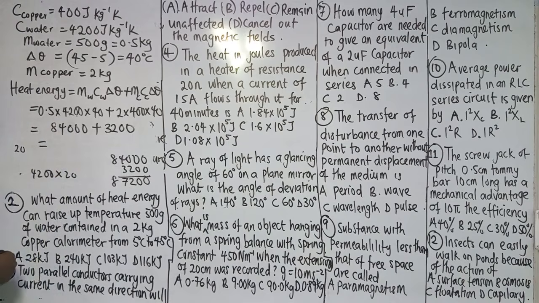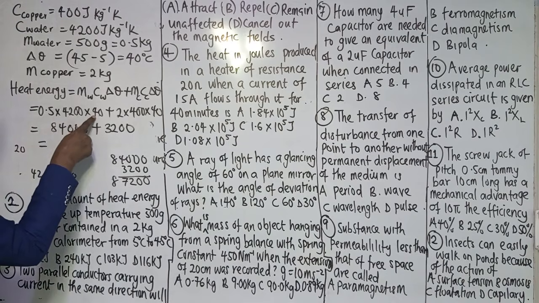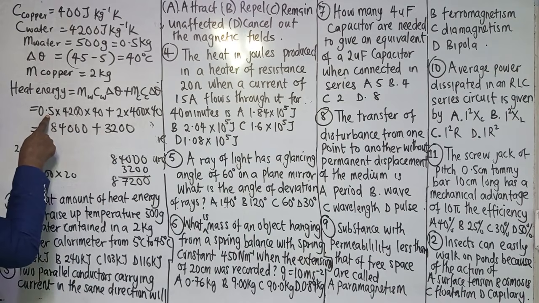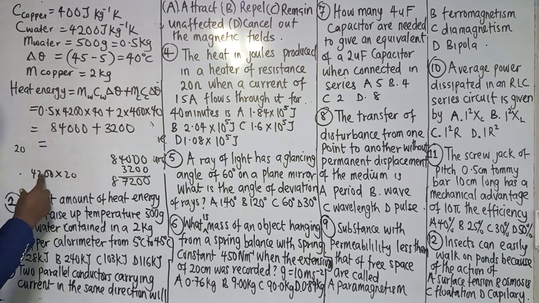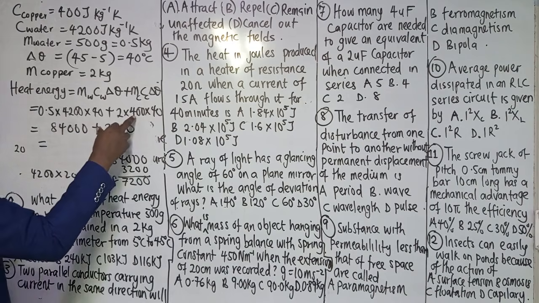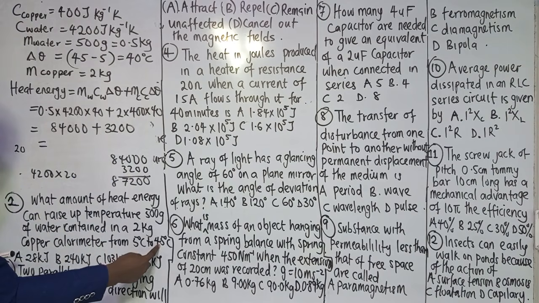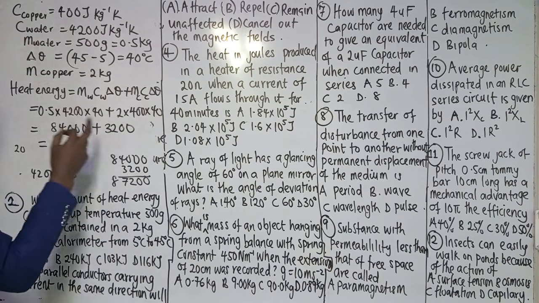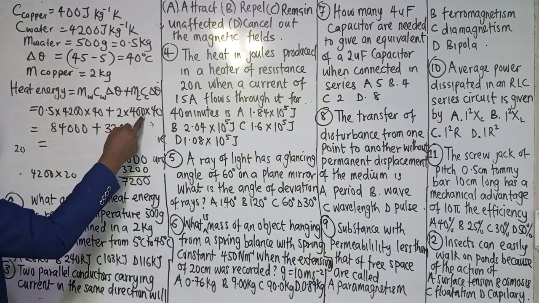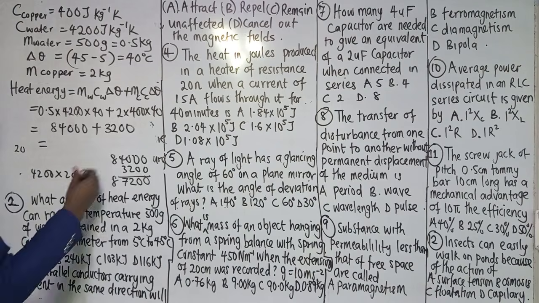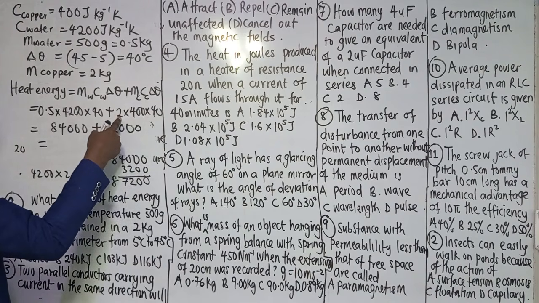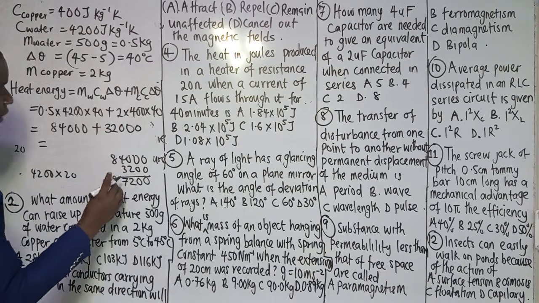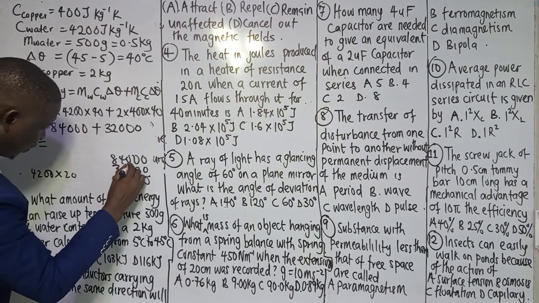Let's confirm this very well. This is 4 times 5, because this one will cancel this, that is 20. Then 20 times 4200 is 84000. Okay, that one is clear. Then 2 times 400 times 40 is 32000.